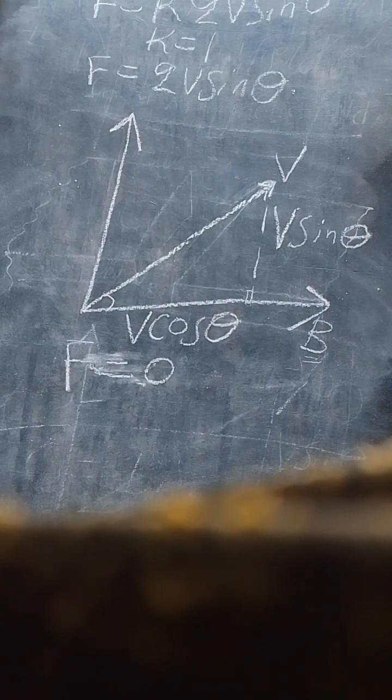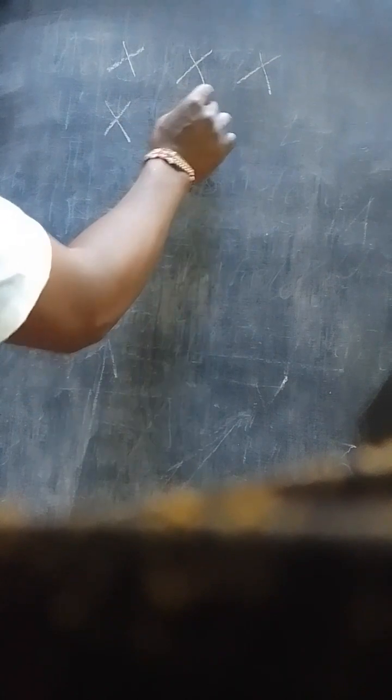Now, having that said, I want to talk about what happens when we have a charge moving into a magnetic field. So consider, if I draw this process, as physics we say those are magnetic fields moving into the paper.